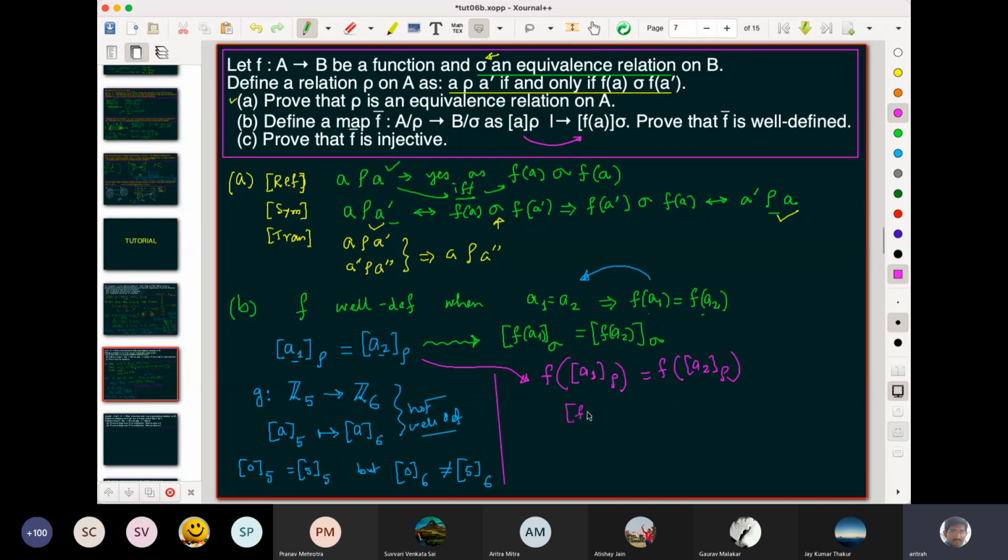So this says that f A1 sigma is equal to f A2 sigma. This is the map. A rho class maps to f A sigma class. So A rho class maps to f A sigma class. Okay. Yes or no? Yes.